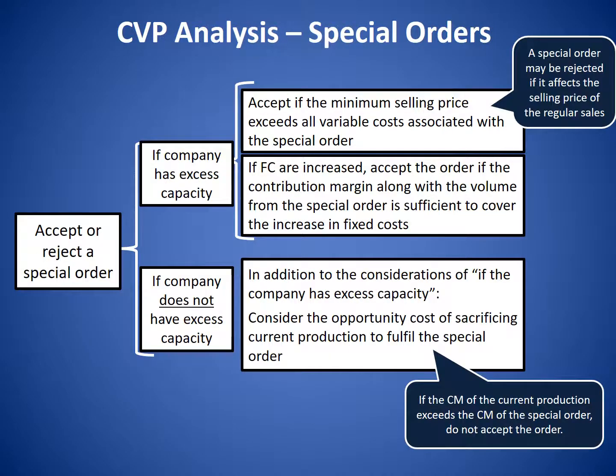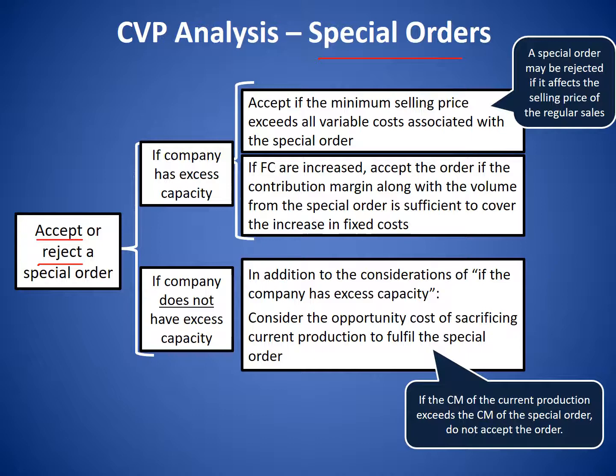Now let's look at a couple of decision processes regarding CVP analysis. This is an example of the decision process for a special order, whether we should either accept or reject a special order. There are basically two major circumstances in a special order decision analysis.